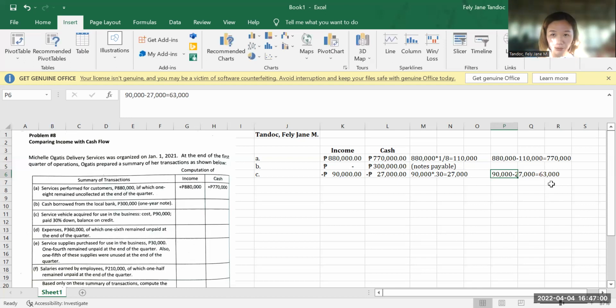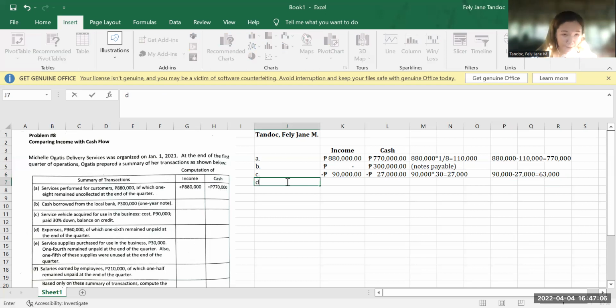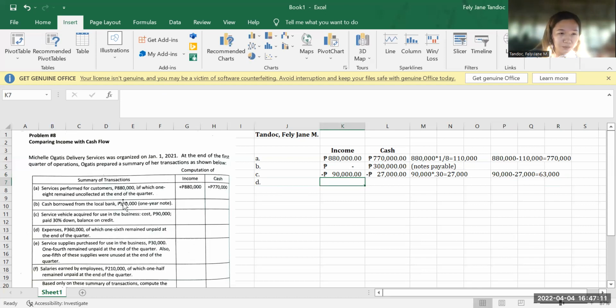That is the one on credit. Next, for letter D, expenses for 360,000, of which 1/6 remain unpaid at the end of the quarter.